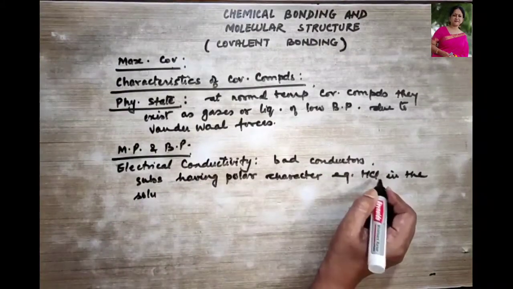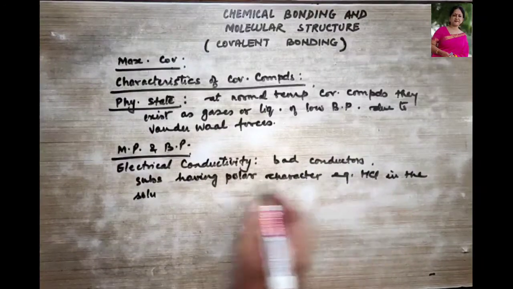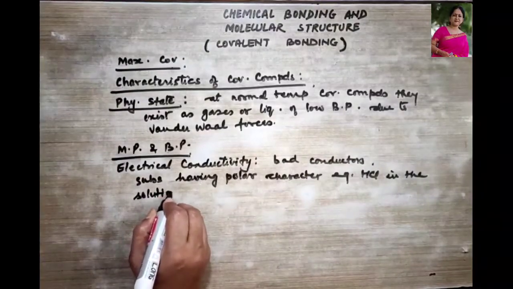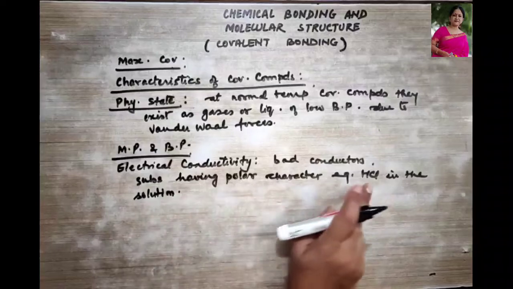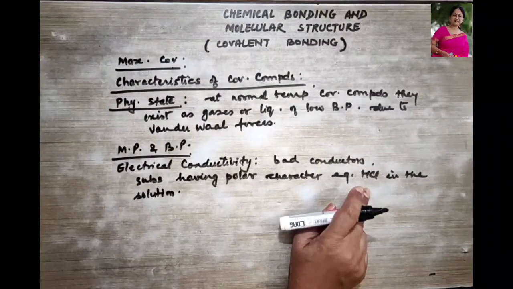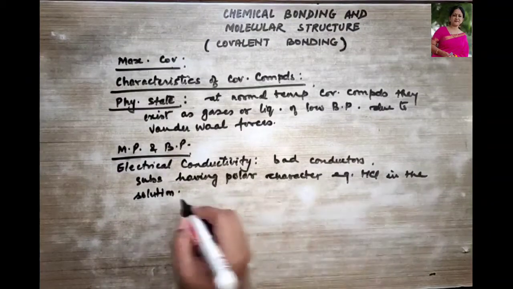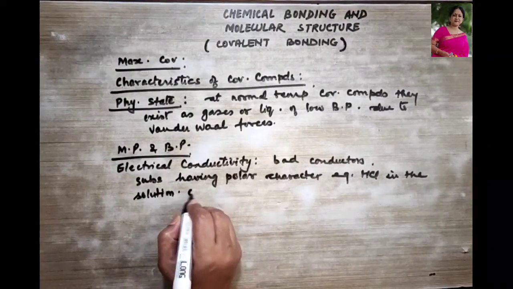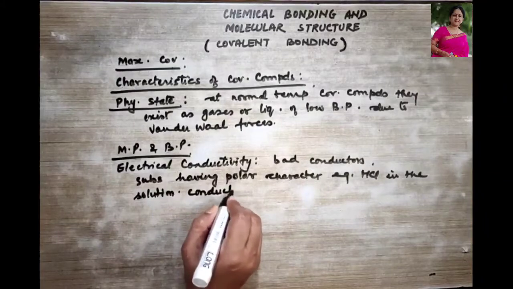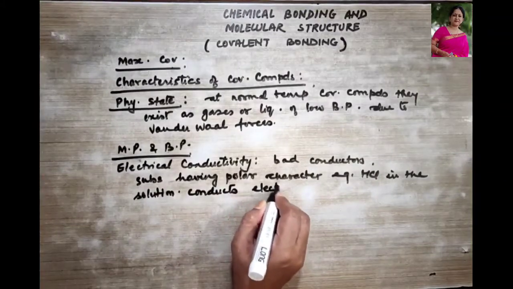If it is in the gaseous state, it will not allow electricity to pass through. But if it is in solution, that is, water is present, then it conducts electricity. HCl in solution conducts electricity.